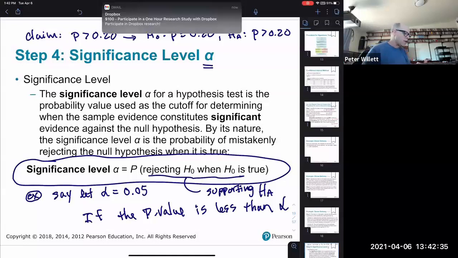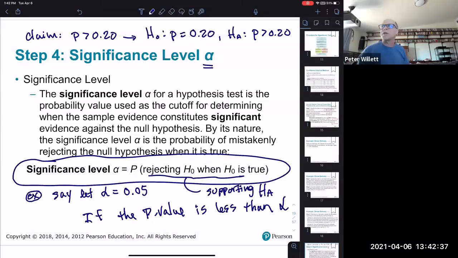I reject the null hypothesis that it's 20%, and I say this is evidence in support of my claim that it's more than 20%. If the p-value is less than the alpha value, then you reject the null hypothesis and you support the alternative hypothesis.